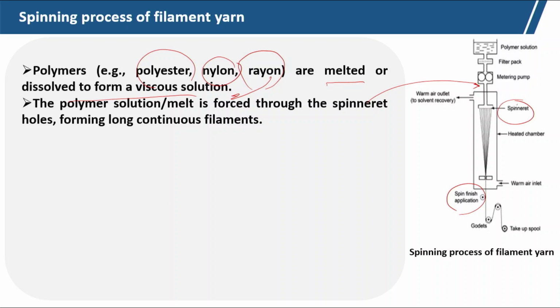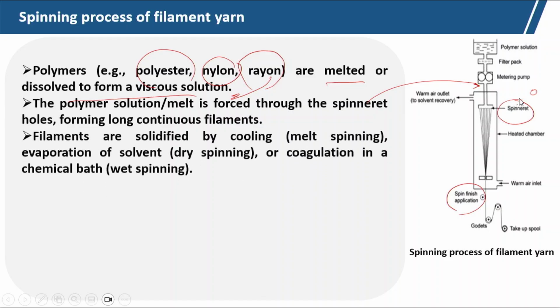The shape of the spinneret holes can be changed. Typically it is circular, but different shapes can be produced. The filaments are then solidified. In melt spinning, they are solidified by a quenching operation, that is, a cooling process with cool air.